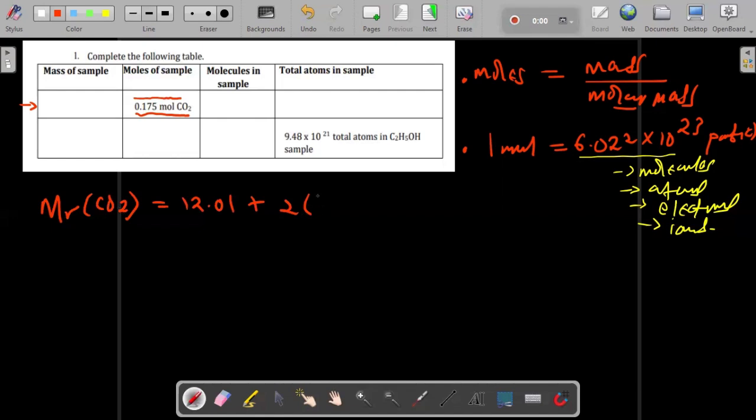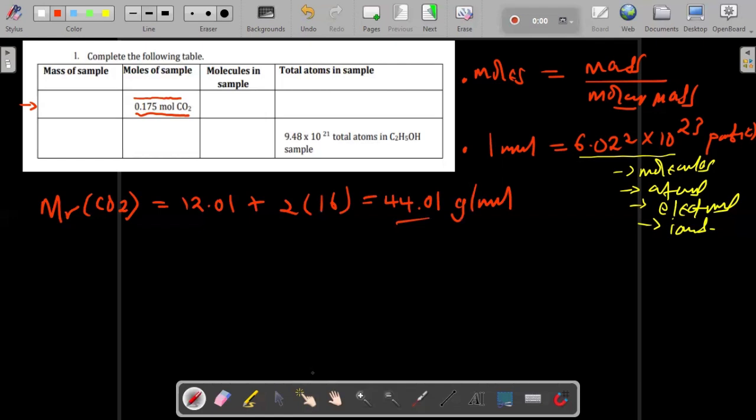The molar mass of oxygen is 16. So 12.01 plus 16 multiplied by 2, which is 32, gives a molar mass of carbon dioxide of 44.01 grams per mole.